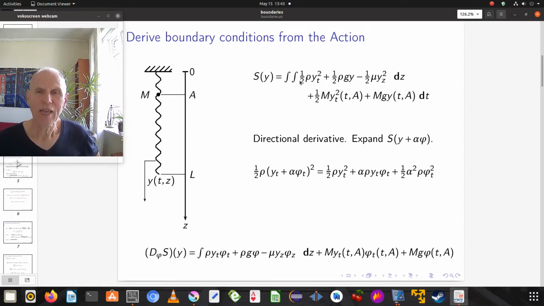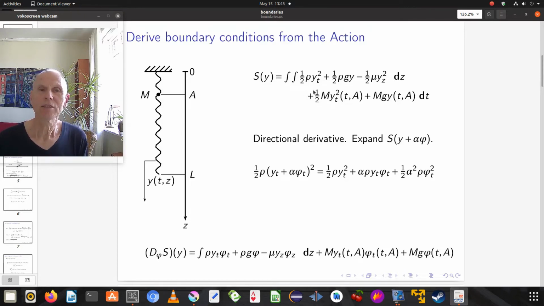Now, the action, it's the integration of the Lagrangian, which is the kinetic energy of the spring, plus the kinetic energy of the mass. So y was the extension, and the derivative with respect to t is the velocity.